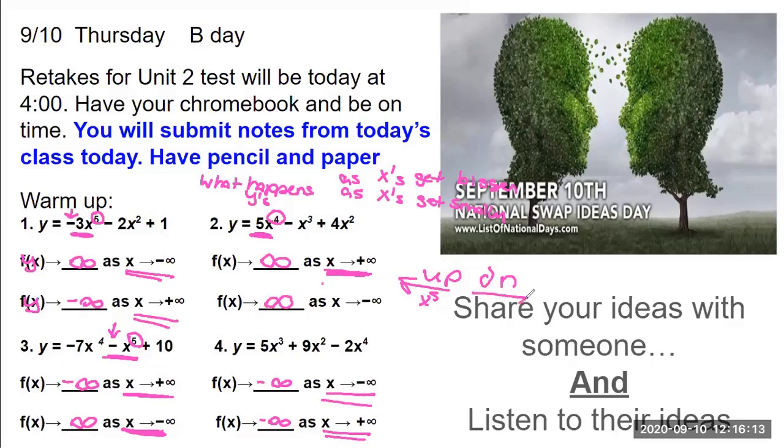And as the x's get bigger, the y's go down. The first one tells me what happens as the x's get smaller, and the second one tells me what happens as the x's get bigger. That won't ever change. If you ever hear someone talk about end behavior and they say down, up, that first down is about what happens as the x's get smaller.